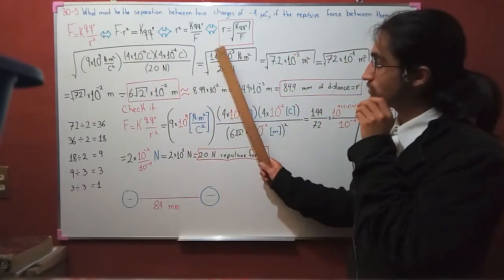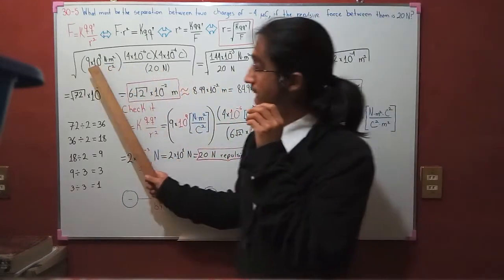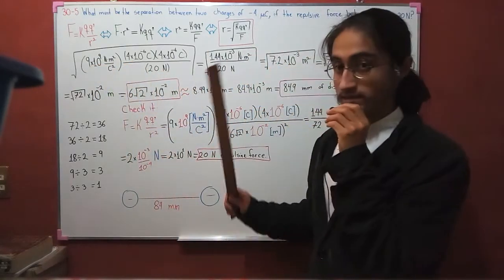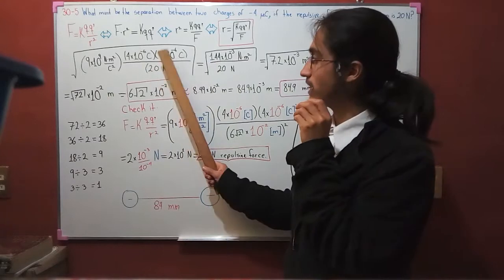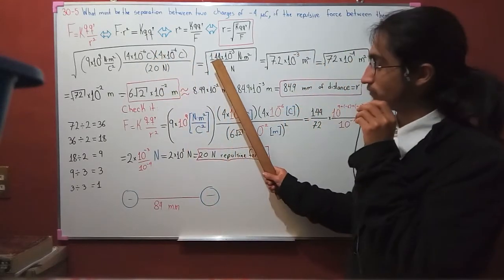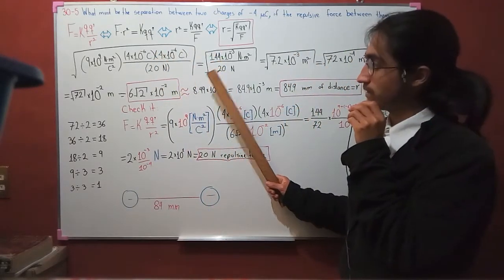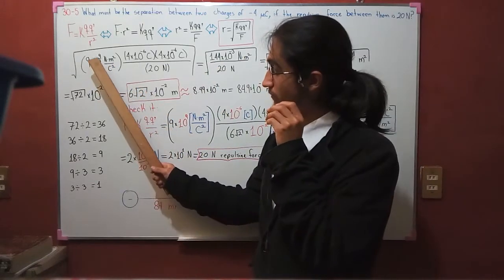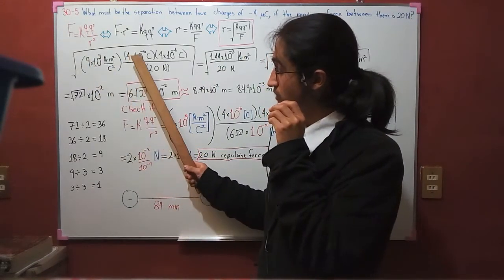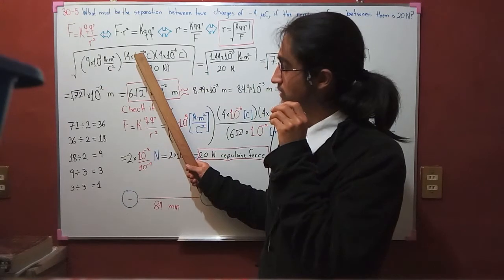It's equal to the square root of 9 multiplying 4, 36. 36 multiplying 4, 144.